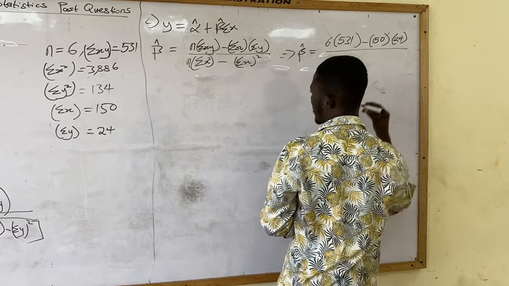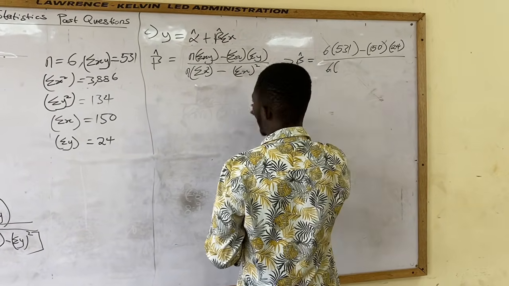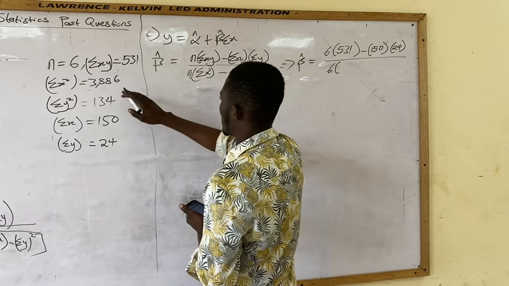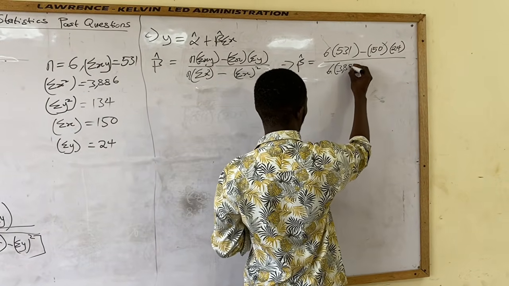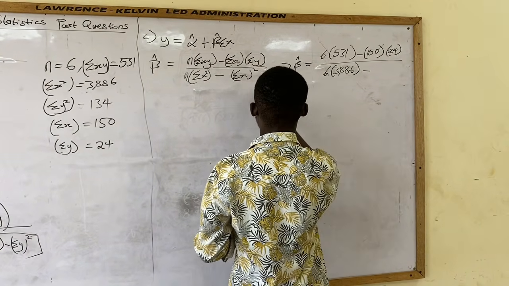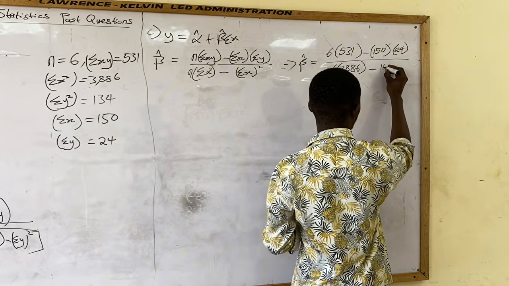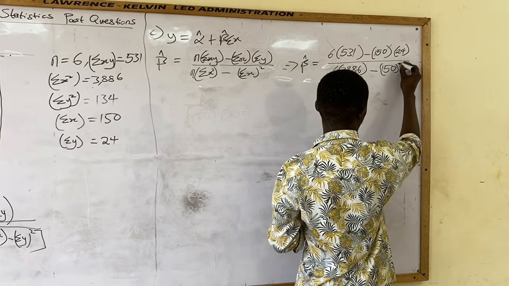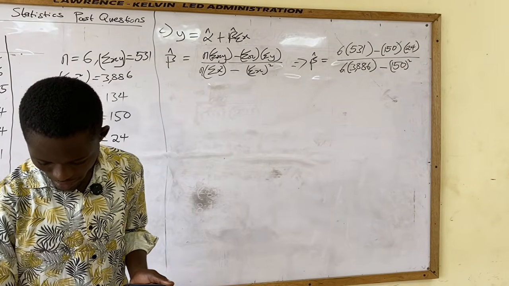All divided by n, which is 6, multiplied by sigma x squared, which is 3,886, minus our sigma x, 150, all squared. Now let's put this on our calculator.